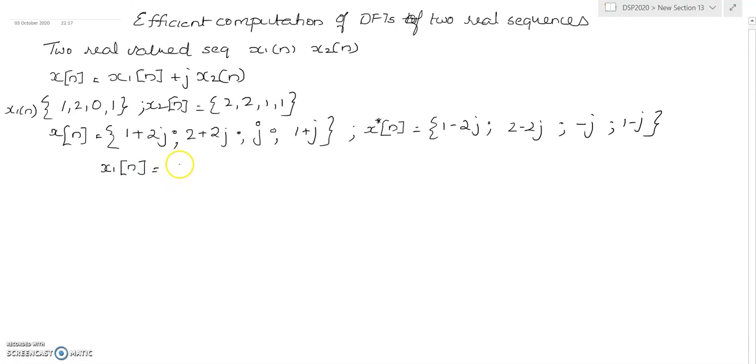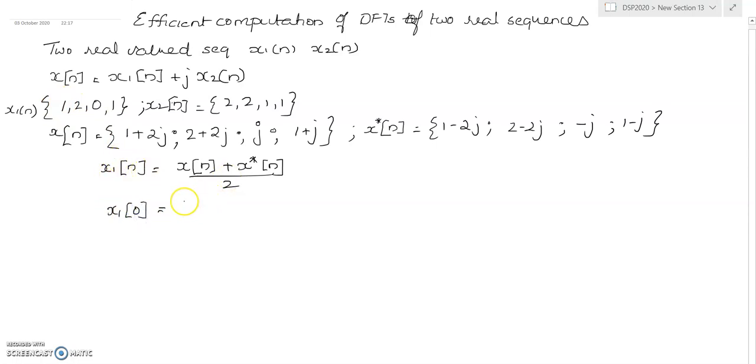I hope this statement makes sense to you. If I write x1 of n is equal to x of n plus x star of n by 2, and you want to prove it, x1 of 0 is 1.